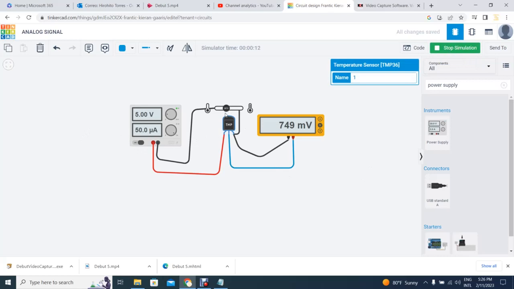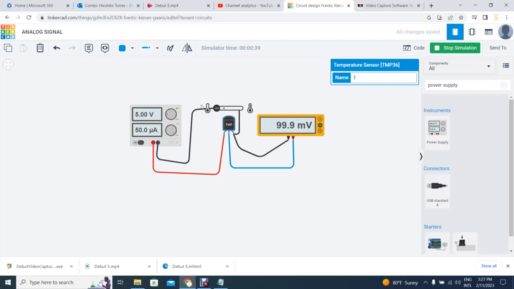It tells you what the temperature is, but it also tells you what's the voltage that it is producing, almost 1 volt. If you move this back, you can see that at minus 40 it's reading 99.9 millivolts. But then if I go to the maximum, it's reading about 1.75. So the question is how linear it is. We will find out that at a later time.